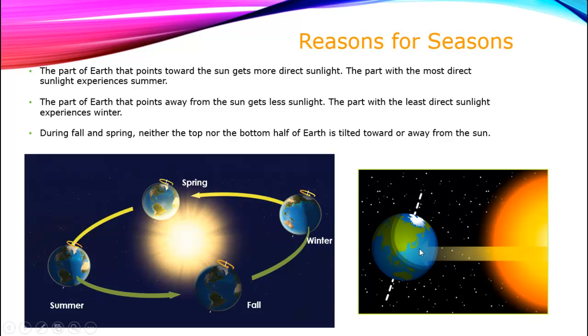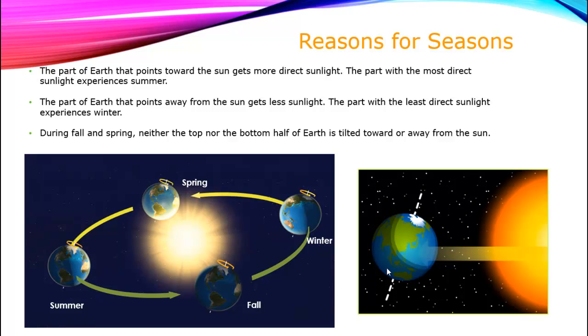The part of Earth that points towards the Sun gets more direct sunlight, so this part will experience summer. But the part of the Earth that points away from the Sun gets less sunlight, and this part experiences winter.